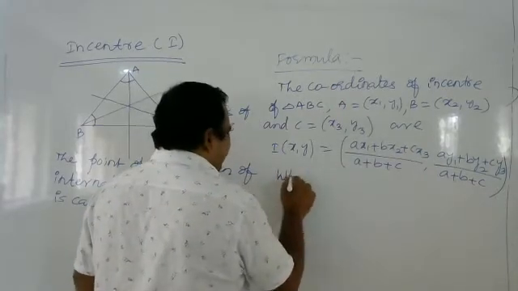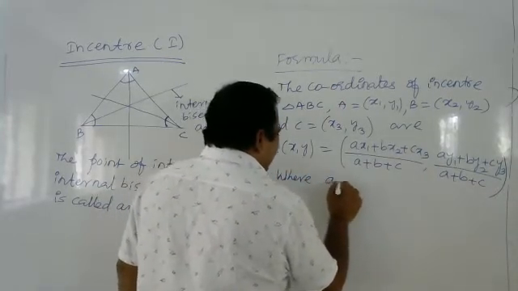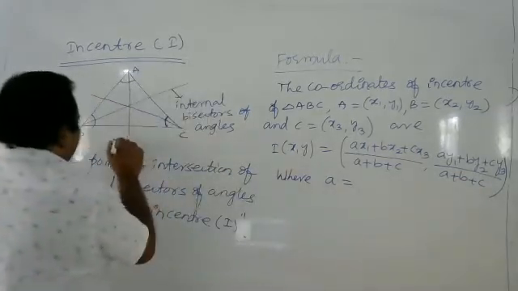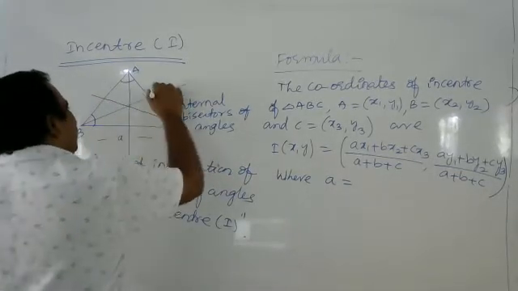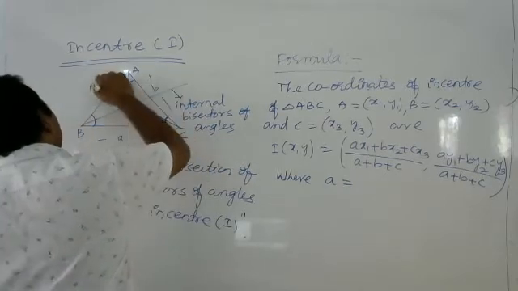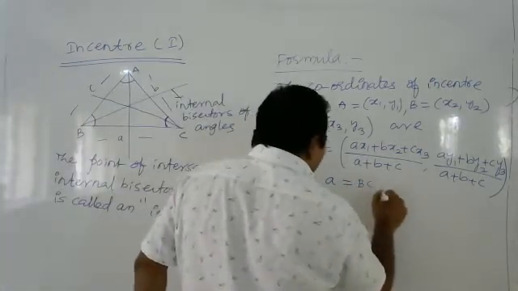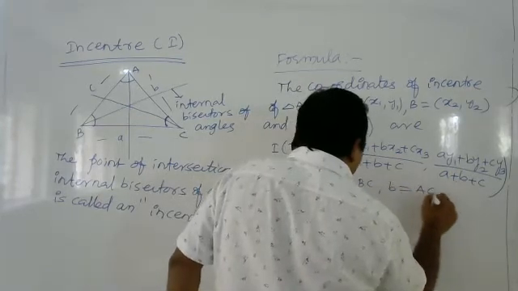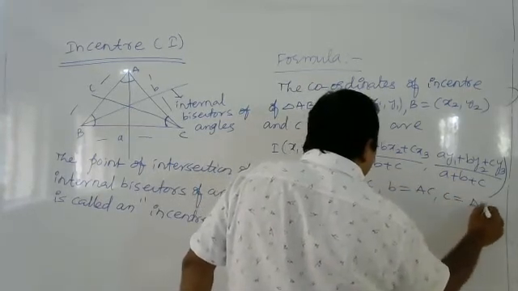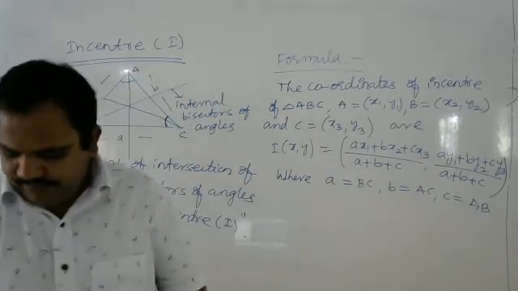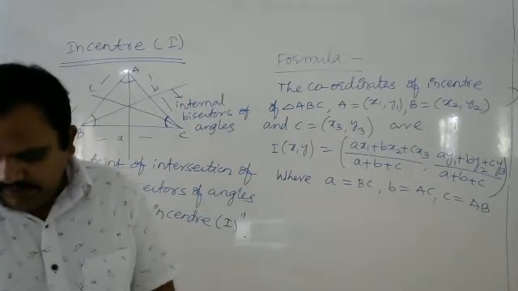where small a is opposite to A. So this will be the small a, this will be the small b, and this should be the small c. So small a is BC, small b is AC, and small c is AB. These are what?